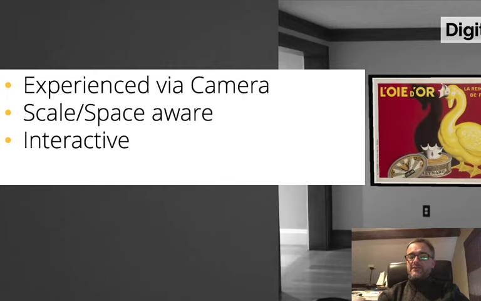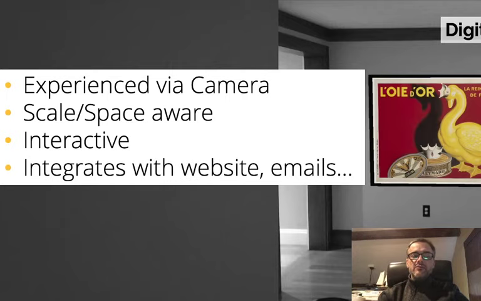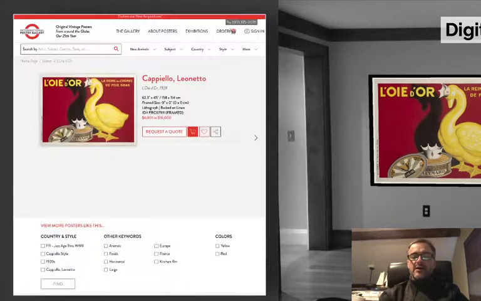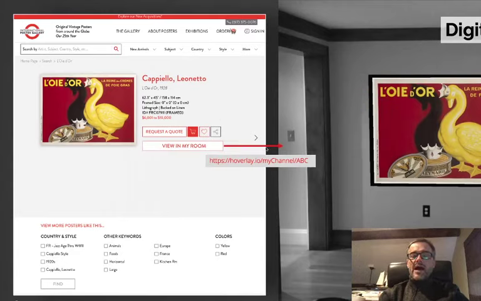It's interactive, so people can interact with it and move it from wall to wall, repositioning on the wall. And also it integrates with websites and emails, so that when you're on your mobile site as a starting point, you can simply add a button, and that button would allow you to go straight from your mobile site to the Hoverlay camera if it's installed.